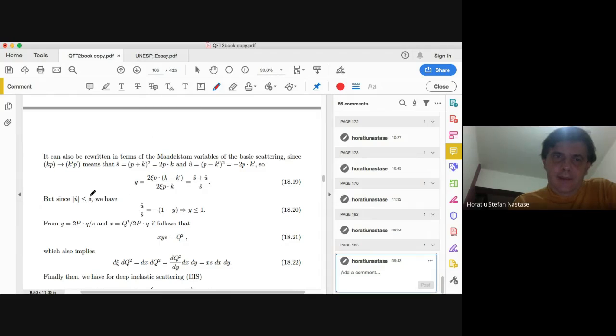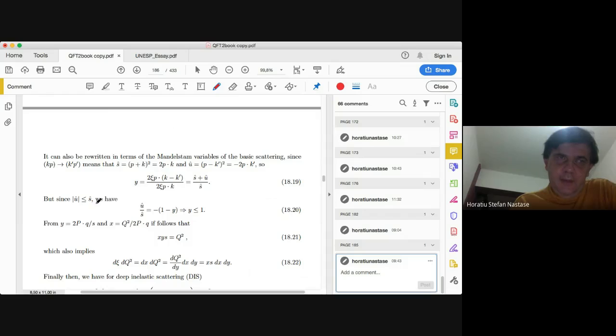But since s hat is greater or equal than the absolute value of u hat, we also obtain that u hat over s hat from this relation is minus (1 minus y).